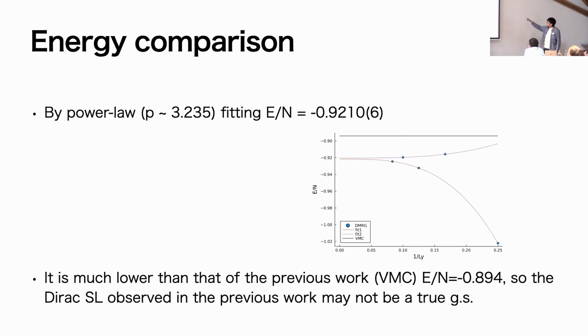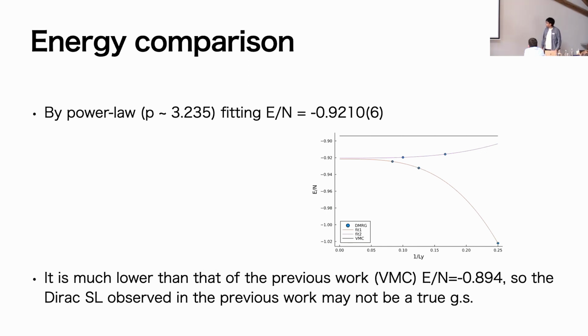We also put the black bar of variational Monte Carlo, the value of the energy per site, and the variational Monte Carlo gives an upper limit of energy per site of minus 0.894.